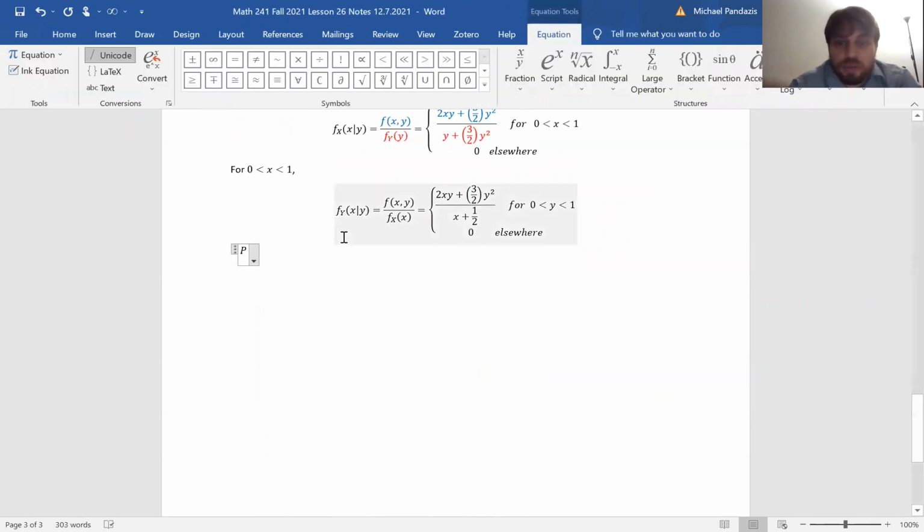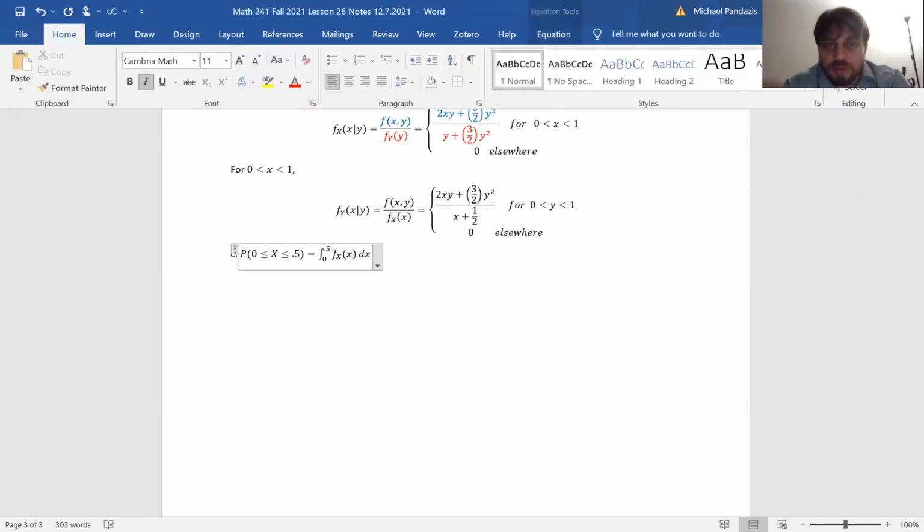So the probability that 0 is less than or equal to x, less than or equal to 0.5, is equal to the integral as x goes from 0 to 0.5 of f sub x of x. You're just integrating over that from 0 to 0.5.